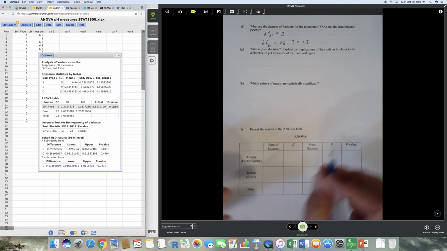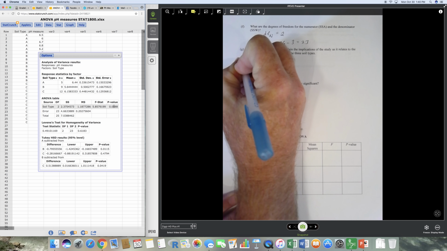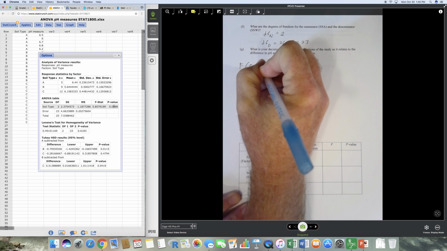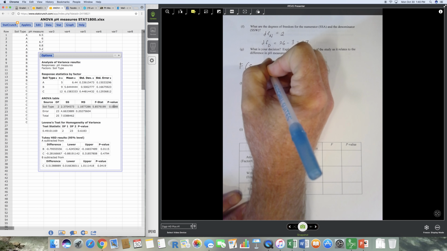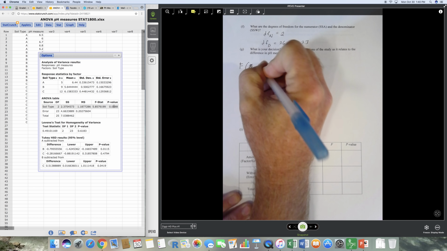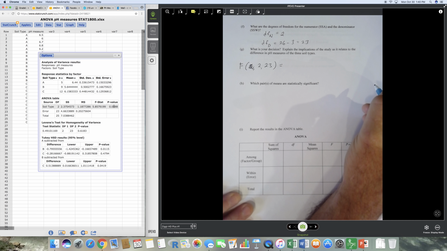result. So the way I would report this is as F. My degrees of freedom are 5, 9. No, they're not. Where did I come up with that? The degrees of freedom are 2 and 23, just as I told you up here.